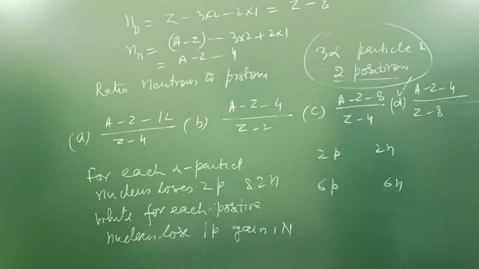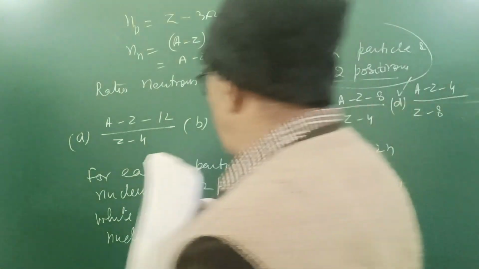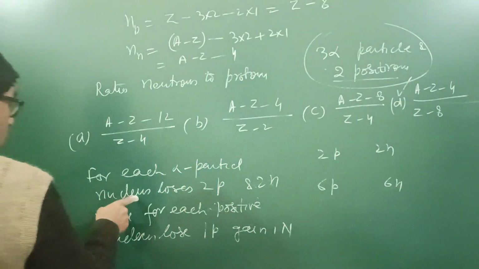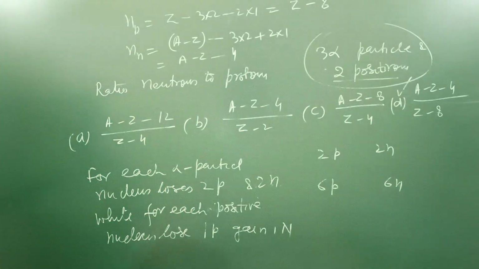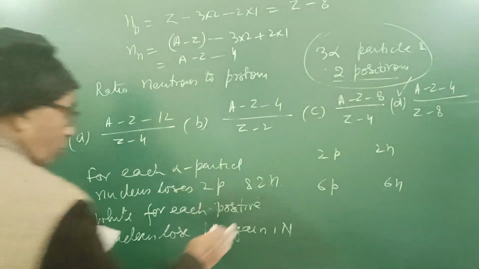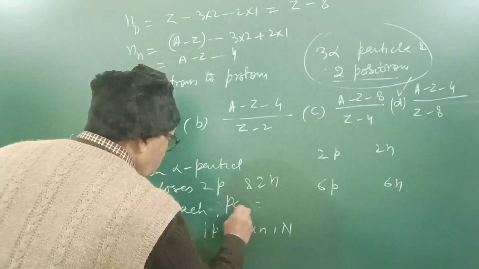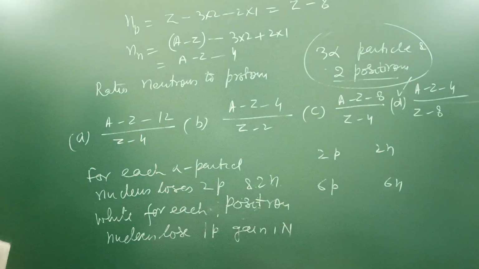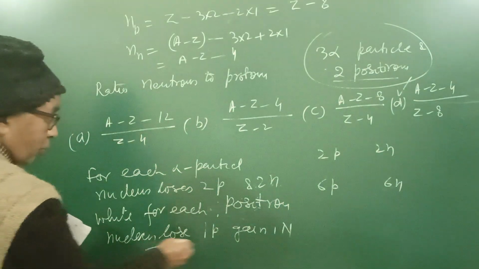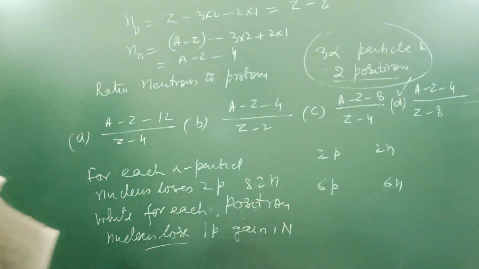This is a good question, and this question has been asked in AIEEE 2010. For each alpha particle, the nucleus loses 2 protons and 2 neutrons, while for each positron, the nucleus loses 1 proton and gains 1 neutron.